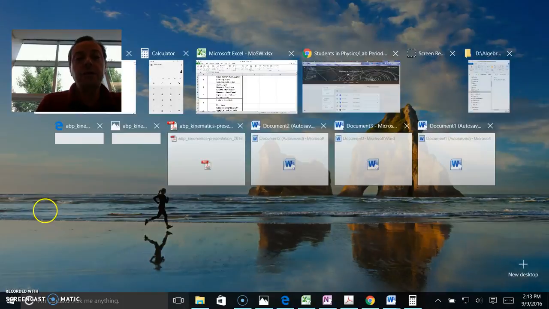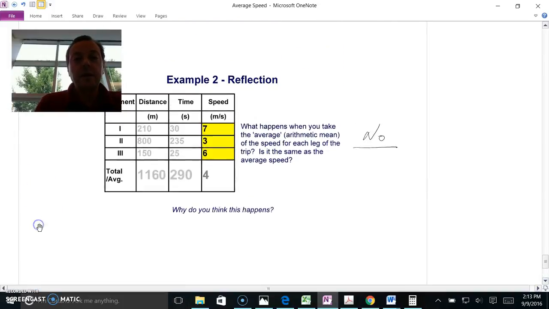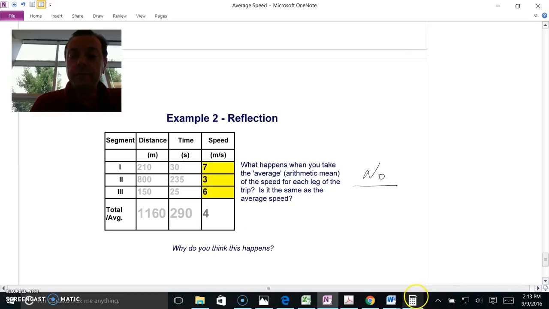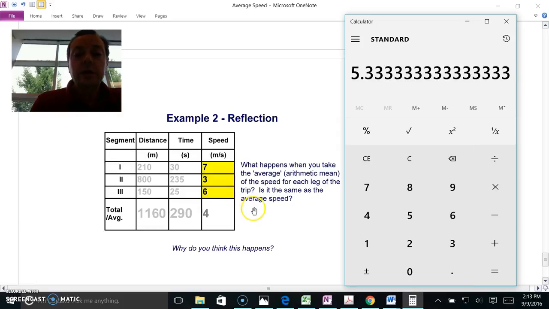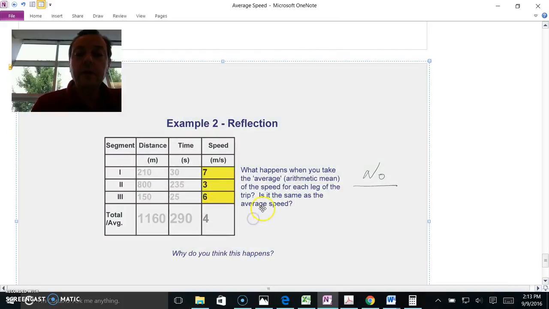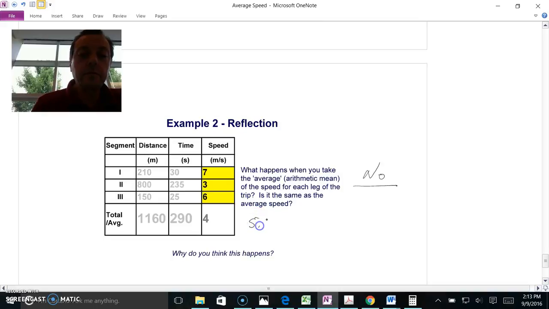So let's see what they get. Ooh, they don't get anything. We have to do it. But we can do that. So let's see. 7 plus 3 plus 6, divided by 3, is actually 5.3 meters per second, which is not 4.